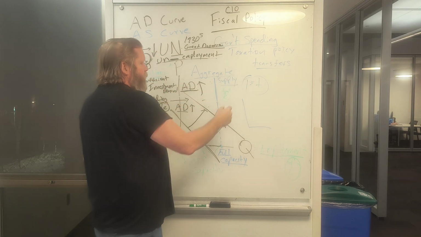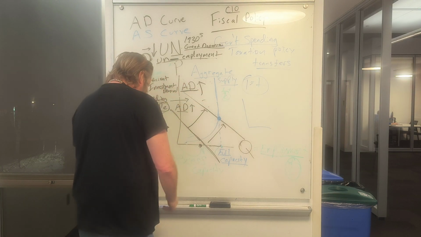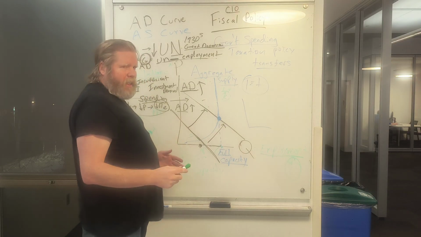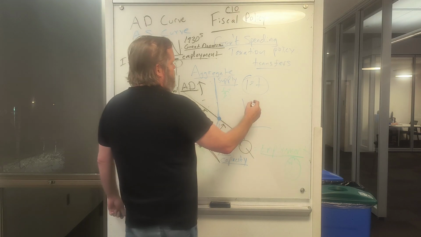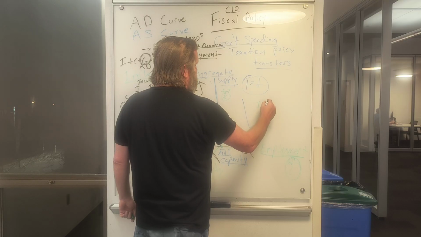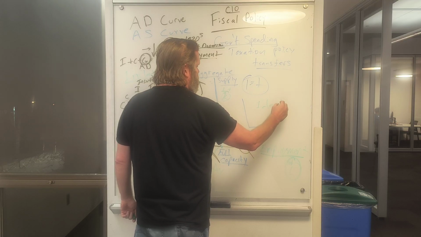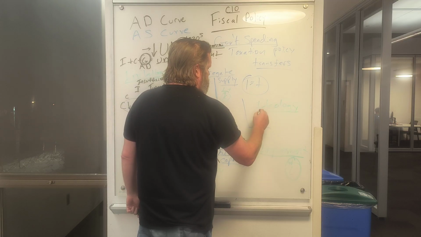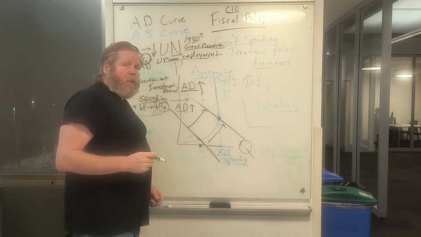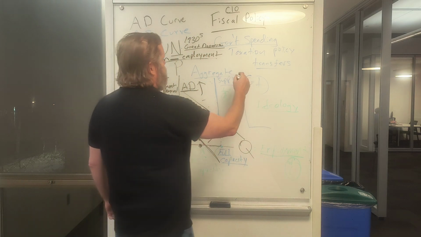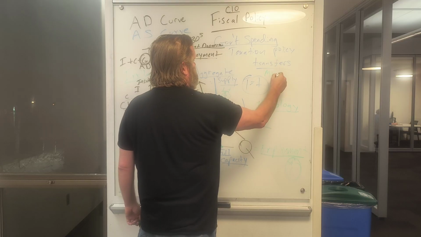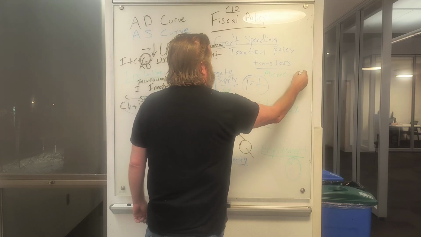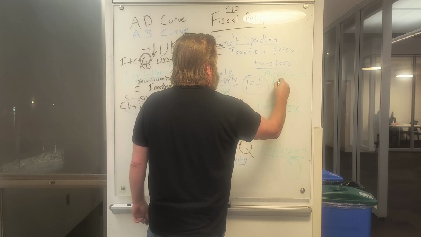Now this is something I want you to be aware of. This is not philosophically neutral. This is not ideologically neutral. This is an ideology. Keep in mind that microeconomics, also called neoclassical economics, is, so this is important to know, neoclassical.